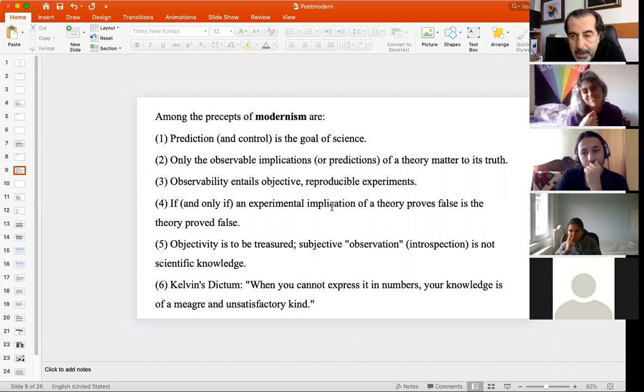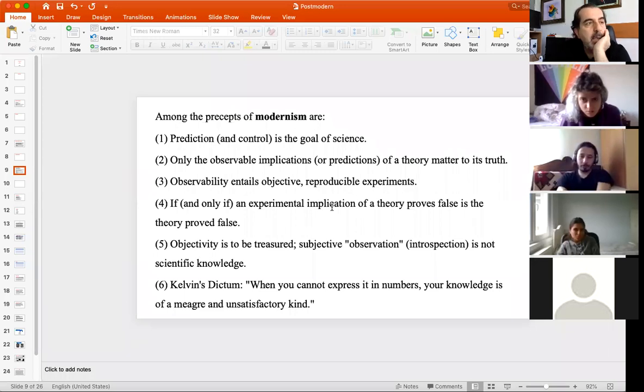And also Kelvin's dictum, Lord Kelvin: when you cannot express it in numbers, your knowledge is of a meager and unsatisfactory kind. This is the basic criterion for science, right? You should put them in numbers, mathematics, models, predictions, etc. But these are all basic tenets of positivism, right?